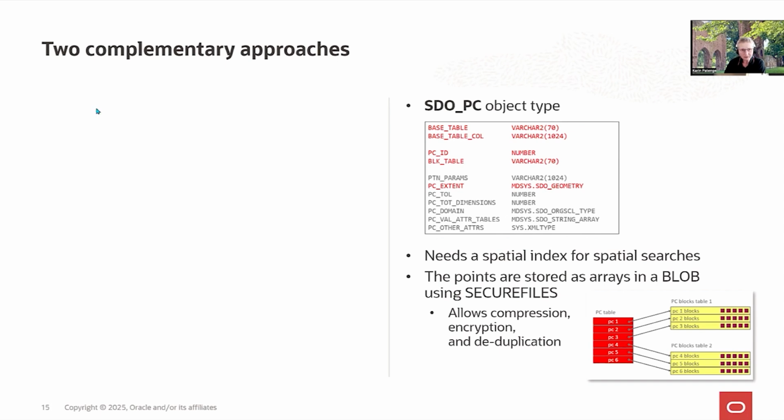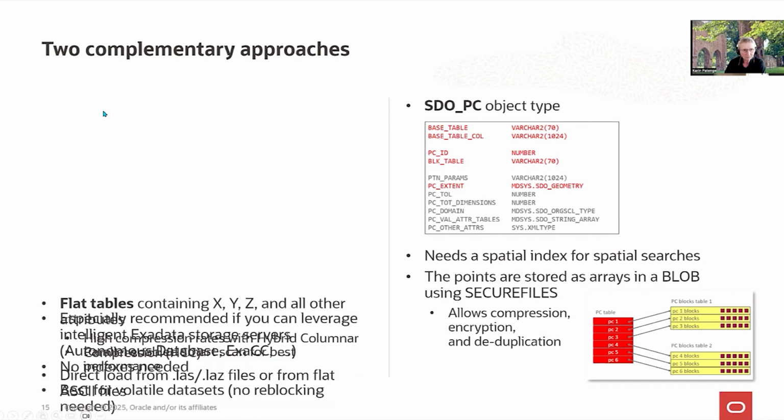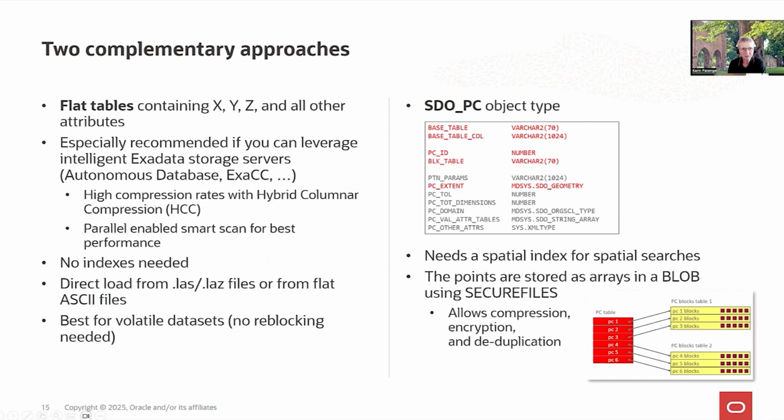And since we started many years ago to produce our Exadata database machines with specific hardware underneath and with specific features to use that hardware, a very efficient way of storing point clouds is to actually store them in flat tables containing columns for all these different attributes I mentioned before.